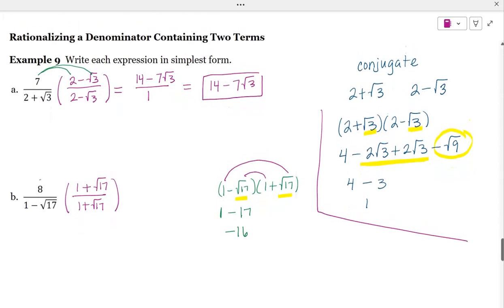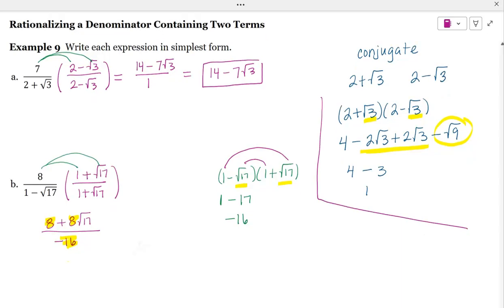So in the numerator, I'll distribute that 8. So I'm going to get 8 plus 8 times the square root of 17. And in the denominator there, we have a negative 16 from that side work that we did. I have 3 terms, 2 in the numerator and 1 in the denominator, and they're all divisible by 8. That would be even better.